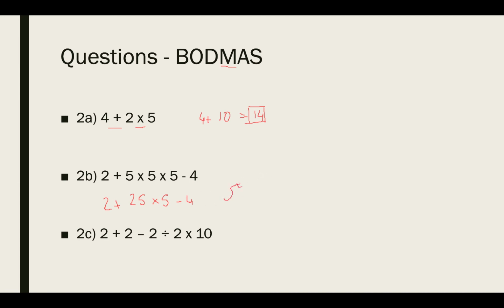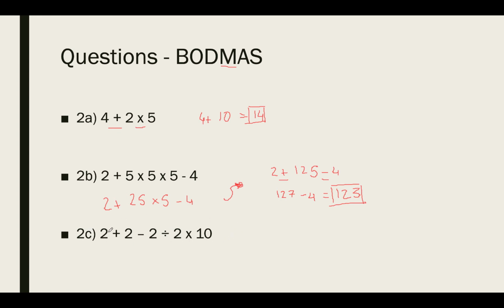So this goes to here. So we've got 125 minus 4 plus 2. So now we've got a plus and a minus. Now what comes first, addition or subtraction? BODMAS is telling us addition, so we're going to follow what BODMAS says. So 2 plus 125 is 127, minus 4, which equals 123. So the answer to your second question, part 2b, should be 123.